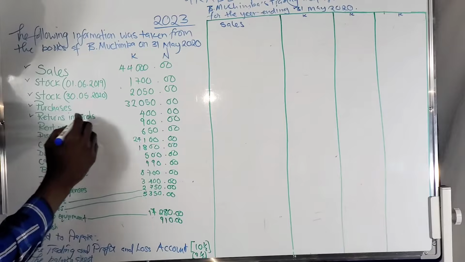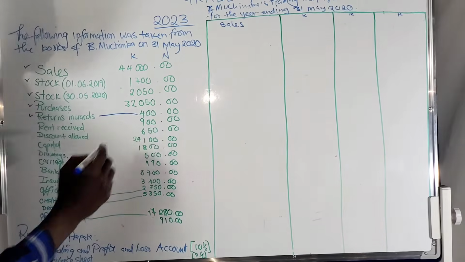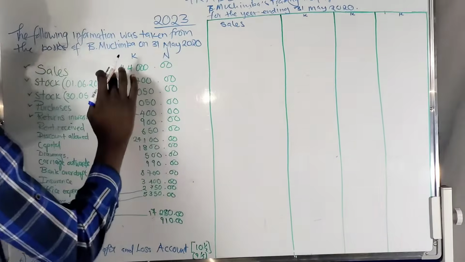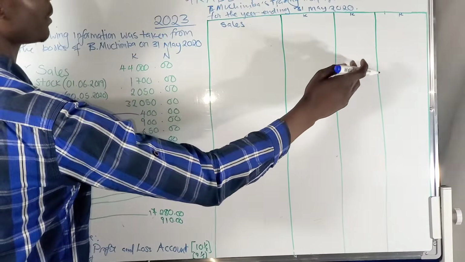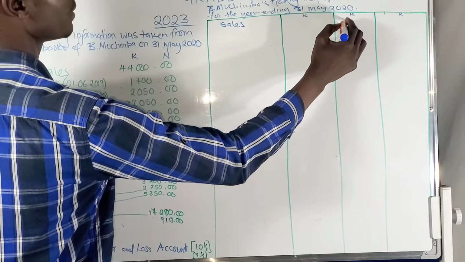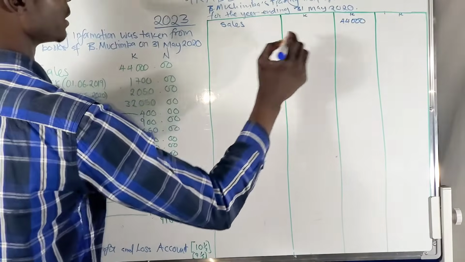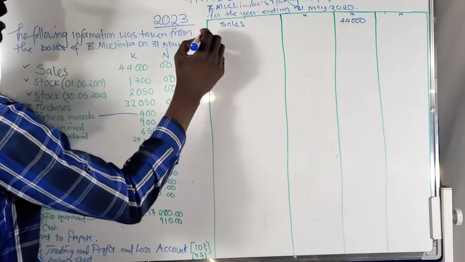We have returns inwards here, as 400. So the amount for sales, which is 44,000, will be in the middle column here.